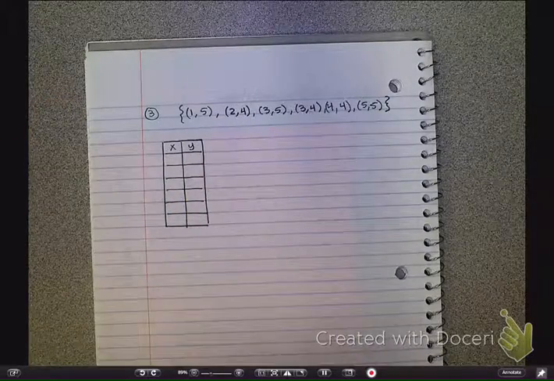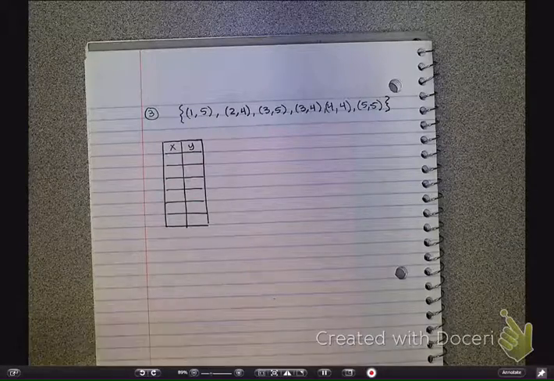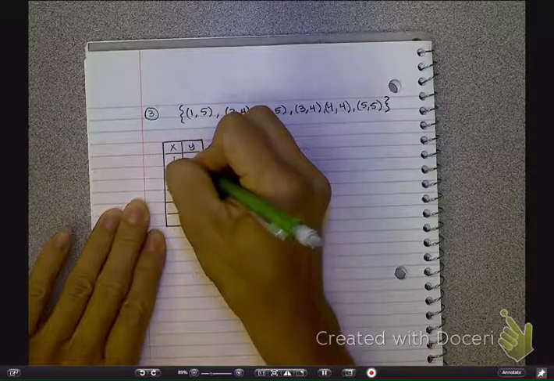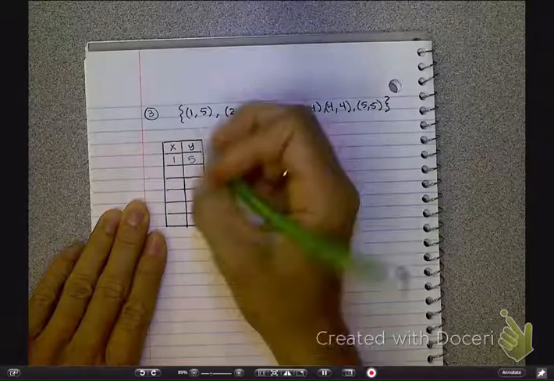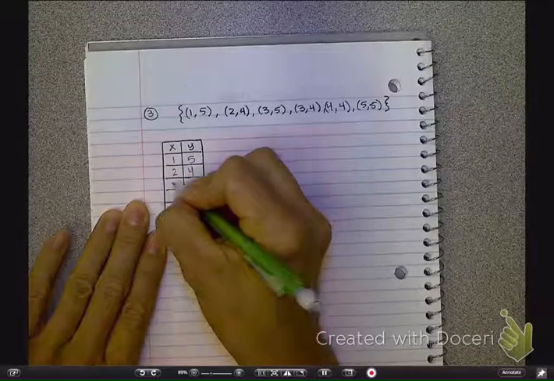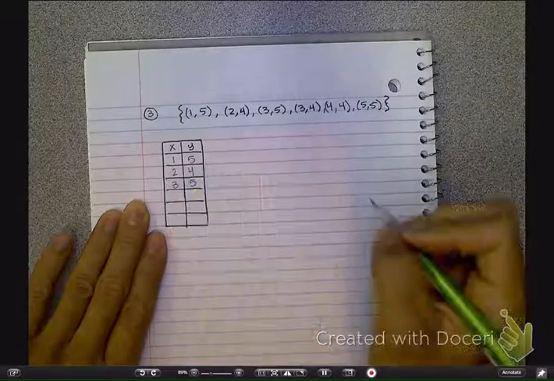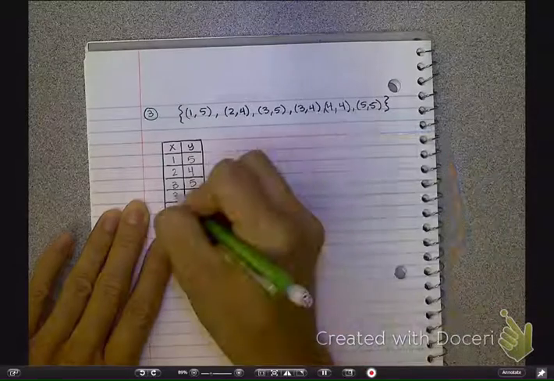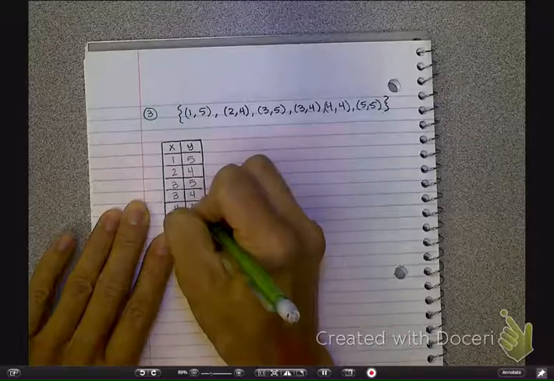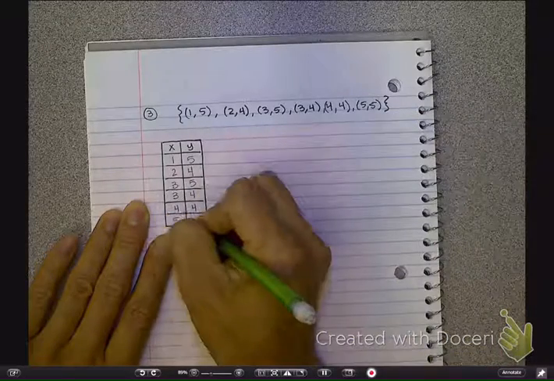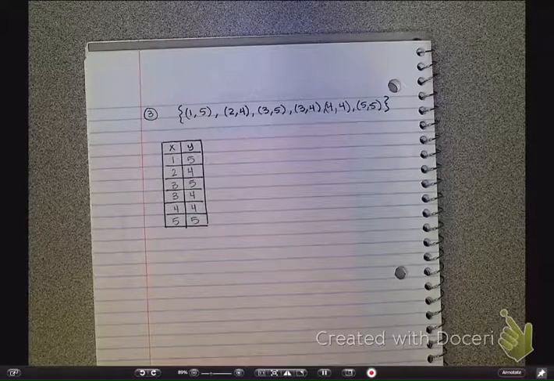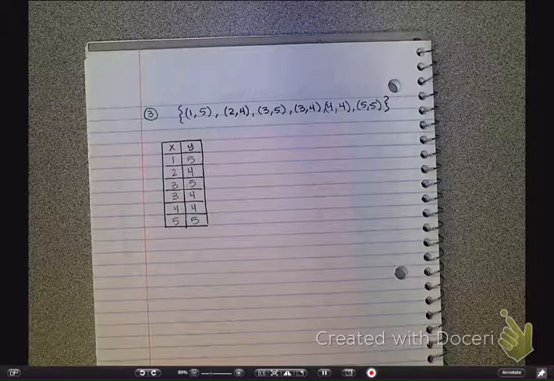Okay, so let's go ahead and fill in your X and your Y values. So first ordered pair 1, 5. Next 2, 4. 3, 5. 3, 4. 4, 4. And 5, 5. All right, so we've got our table done.